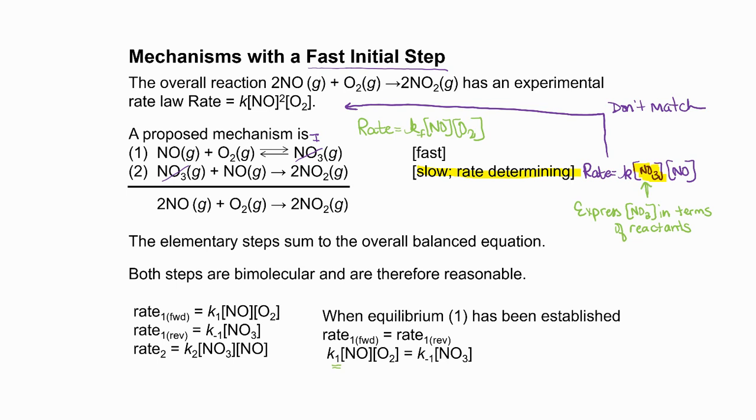But now the rate going forward equals the rate going reverse. So I'm going to call that K reverse. And that's going to be in terms of NO3. So if I'm thinking of this one here going backwards, that would be the rate law for that elementary process.